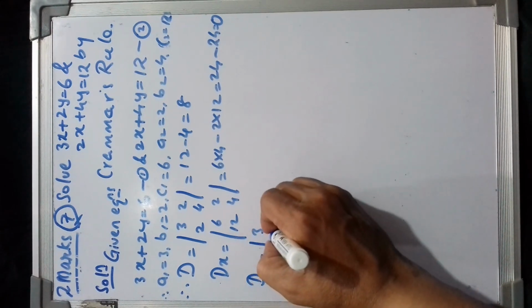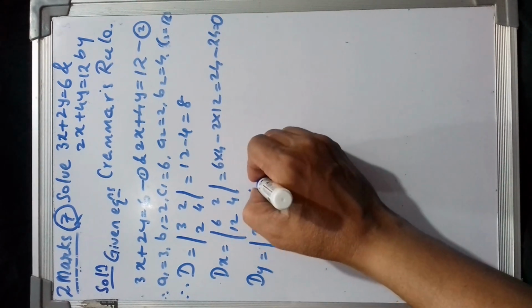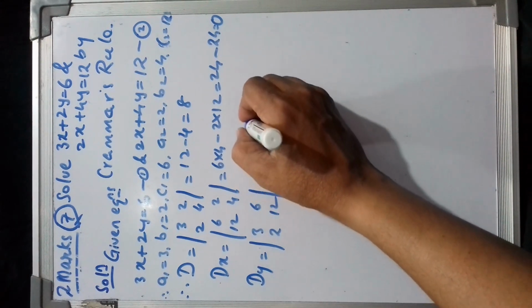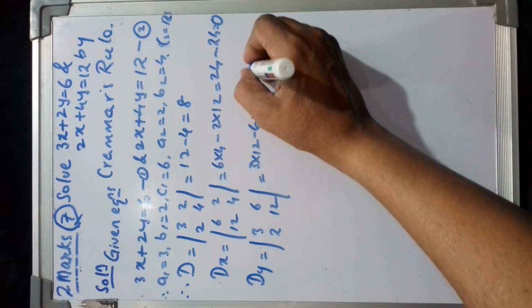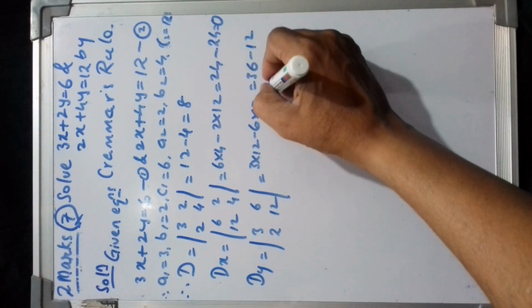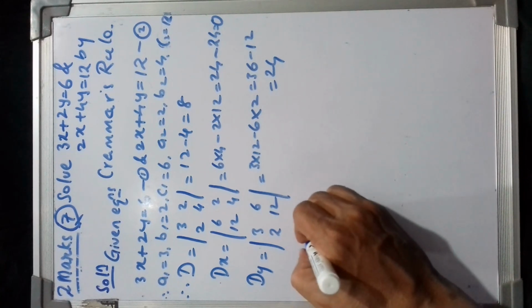Now to find the value of dy, we are going to replace the coefficients of y, that is b1 and b2, so it becomes 3, 6 and 2, 12. So 3 multiplied by 12, that is 36, minus 6 into 2, that is 12. 36 minus 12, 24.